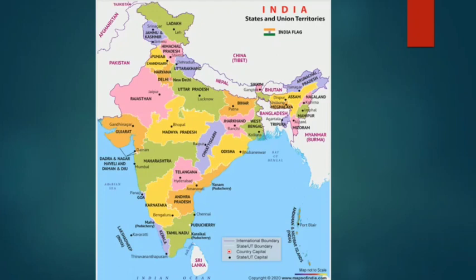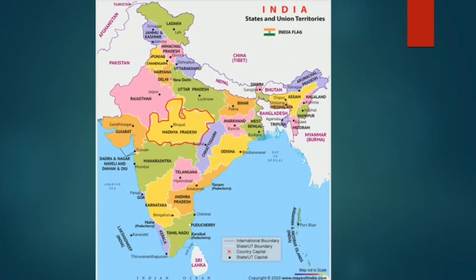See, here I am taking this state. What is this state, children? It is Madhya Pradesh. If I take the boundary line of this state, you can have a look. It is located in the center of our country. So you will come to one idea of what the shape of this state is.